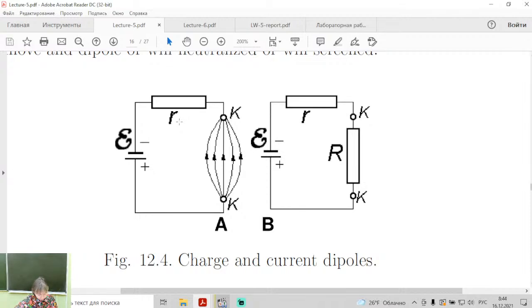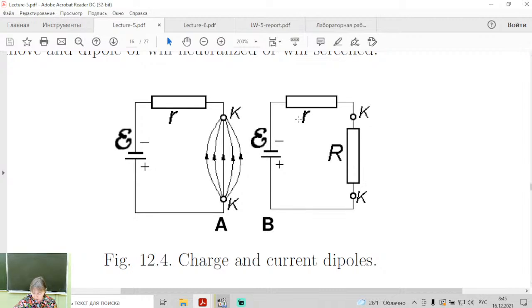Between points K, K, a current dipole is present. R is the equivalent of resistance of the conducting medium, and R is more or less than r small. Current in the circuit will be constant and will not depend on medium properties.